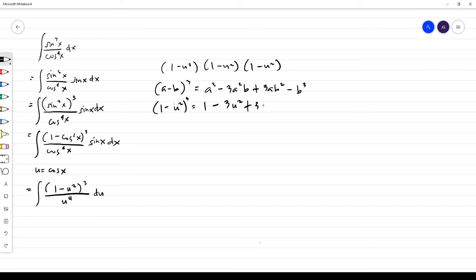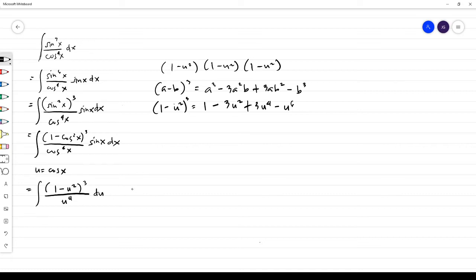Then plus 3, again a is 1, then b squared is u squared raised to 2, which is u raised to 4. Then minus u squared raised to 3, that is u raised to 6.